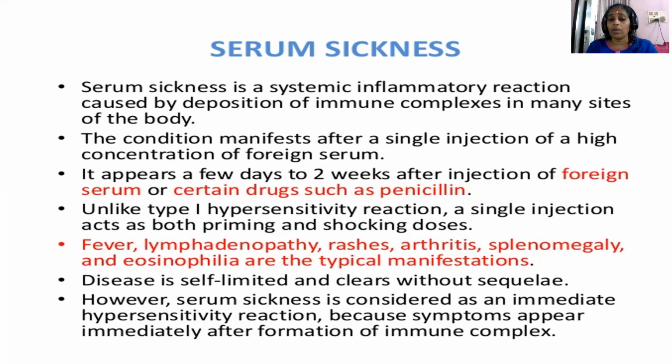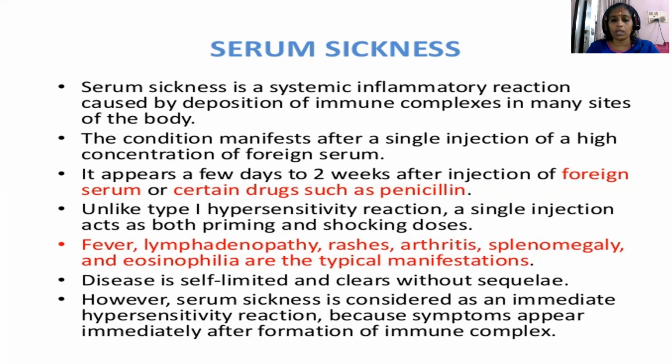Whereas in this case, one priming dose itself can cause deleterious reactions. The symptoms are fever, lymphadenopathy, rash, arthritis, splenomegaly, eosinophilia, etc. The disease is self-limited and clears without sequelae. So after a few days, it clears out without any complications.